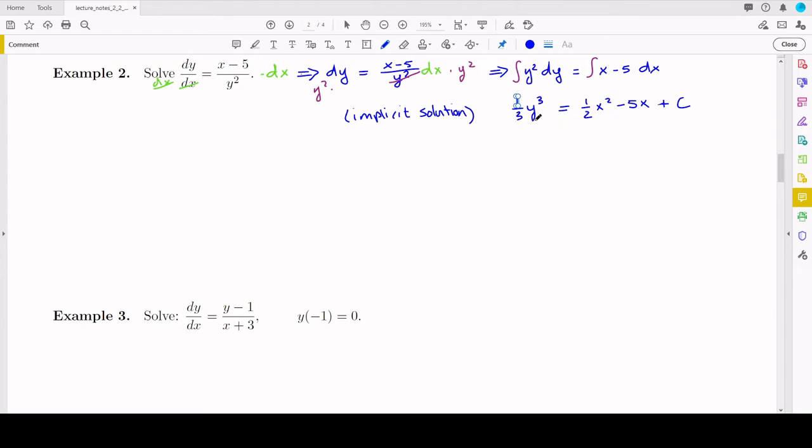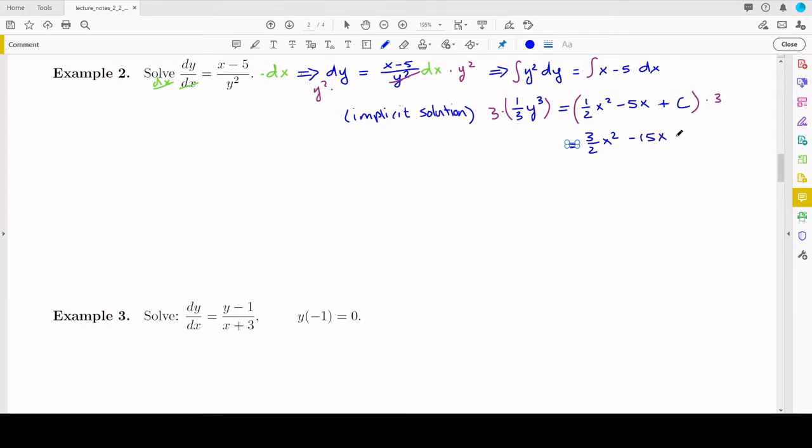I can solve this for y by multiplying both sides times 3. So if we multiply both sides times 3, then we get 3/2 x squared minus 15x.